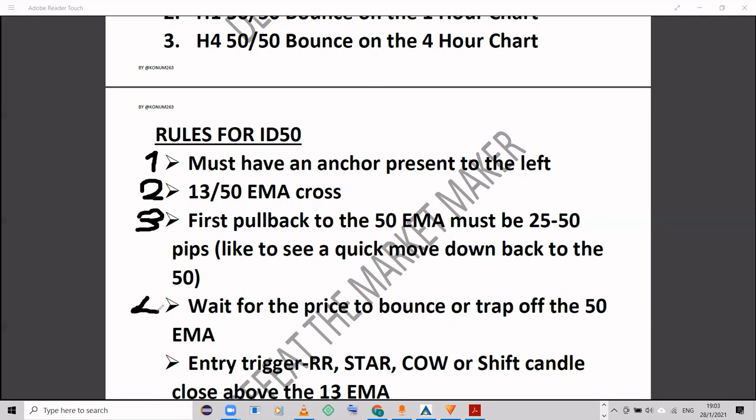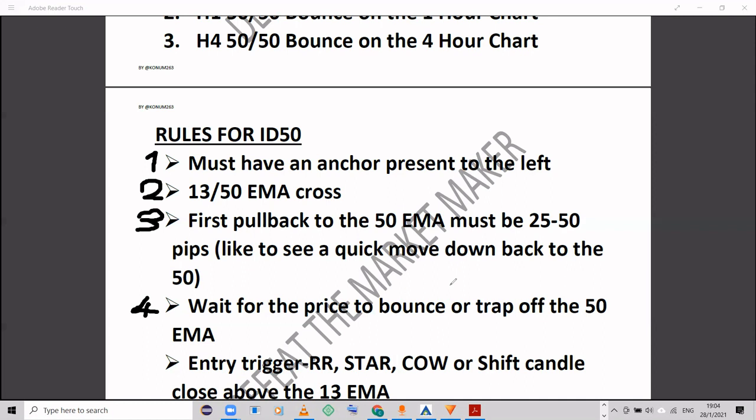Moving on. The fourth rule: one should wait for price to bounce or trap off the 50, not just once price gets to the 50 EMA you execute a trade. No, that's not it. You need to wait. Forex trading is all about exercising patience. If you don't exercise patience, you are taught patience by the forex markets, because you lose at the end of the day.